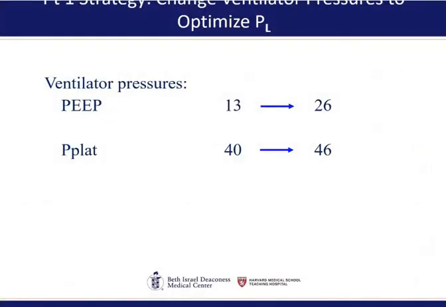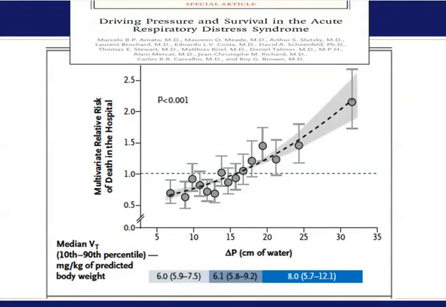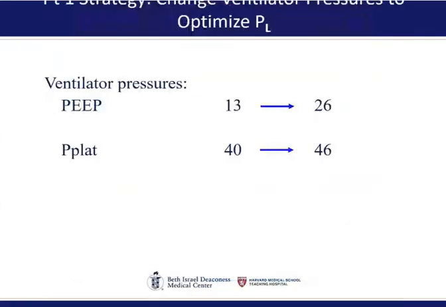And the PEEP was high, the plateau pressure was high. But if we look at this paper published recently, which evaluates driving pressure as a predictor of patients' mortality, we can go back and look at what happened to the driving pressure in this patient. So the driving pressure was initially 27, okay, a plateau pressure of 40 minus a PEEP of 13.